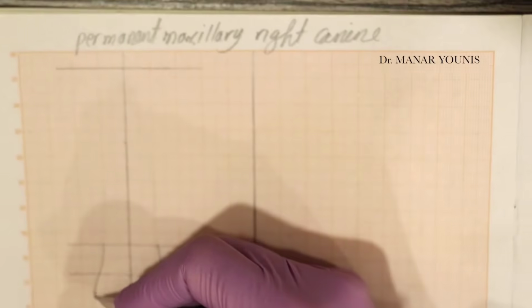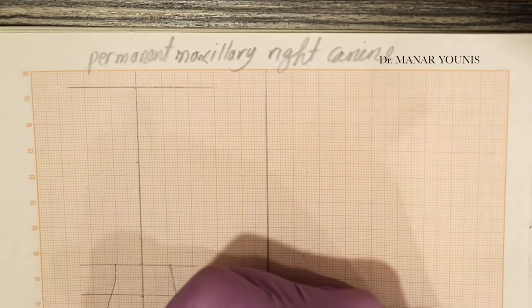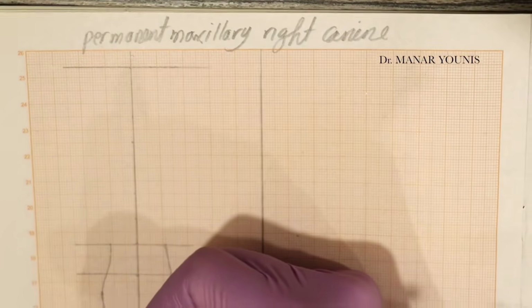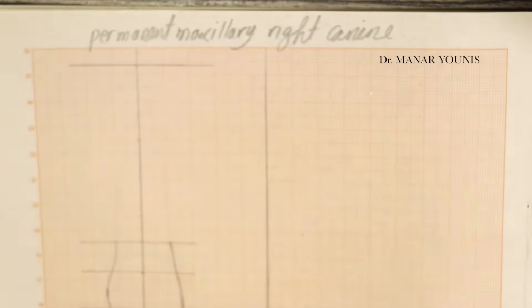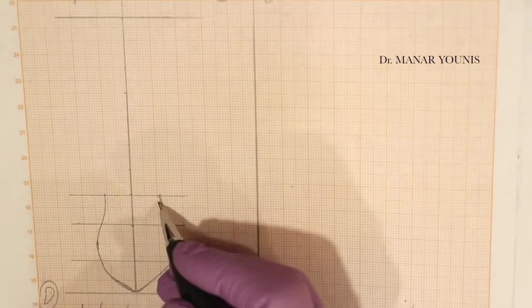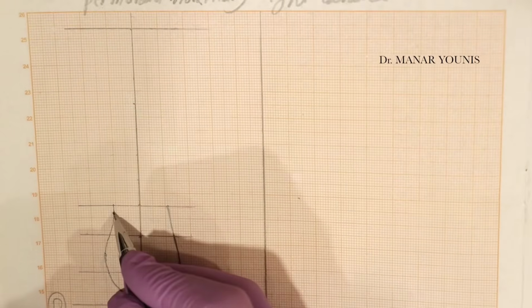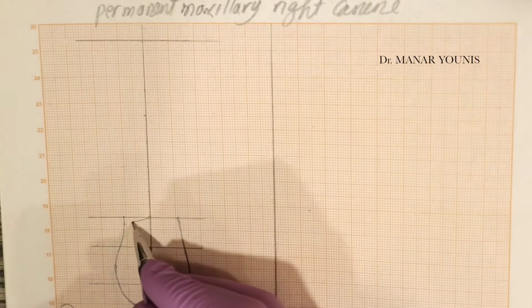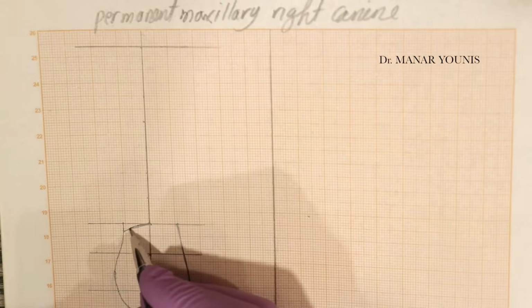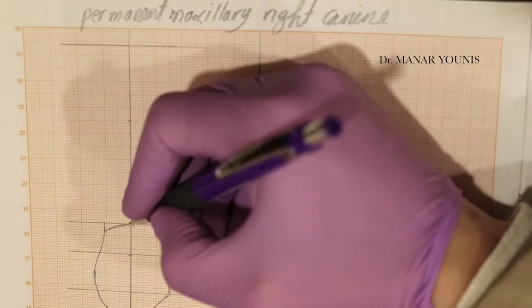The distal cusp slope is also straight with a slight tendency toward concavity. Then I will draw the cervical line about 4 or 5 millimeters in depth.